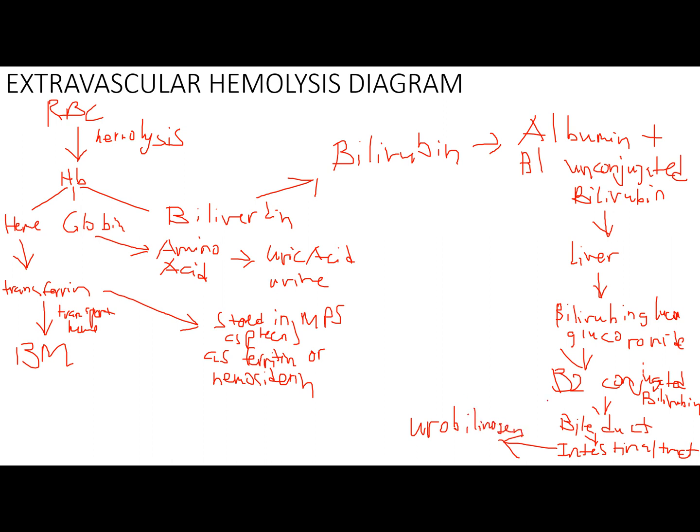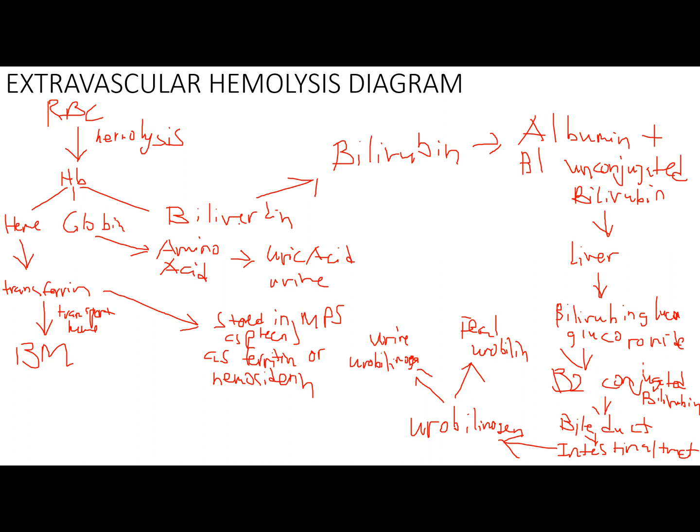And urobilinogen class would be excreted into two ways. It could become your urine urobilinogen, or it can become your fecal urobilin. So, yan ang nangyayari sa extravascular hemolysis.